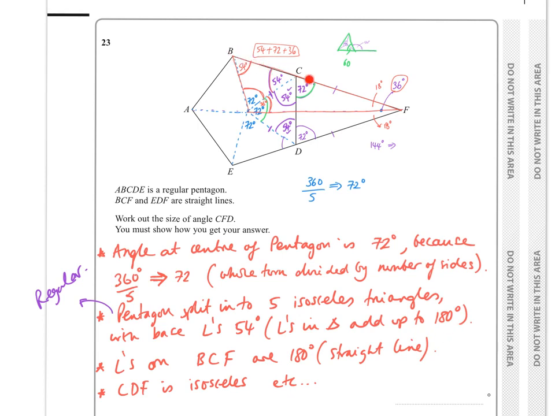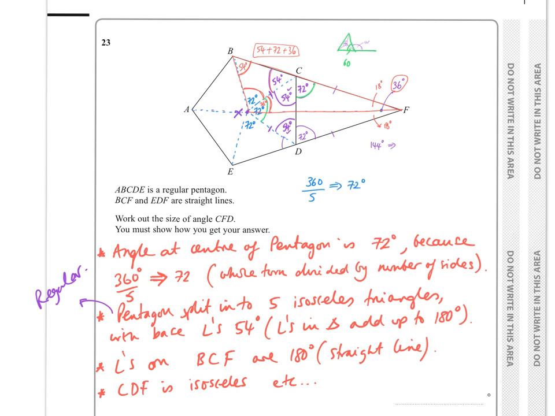Then we looked at this line here, BCF, and we know angles on a straight line are 180 degrees, and we then said CDF was isosceles, but remember you could have used this, called this X, the centre here, and you could have gone off on your own way and said, well, BXF is a triangle and I know 2 of the angles from that using symmetry.